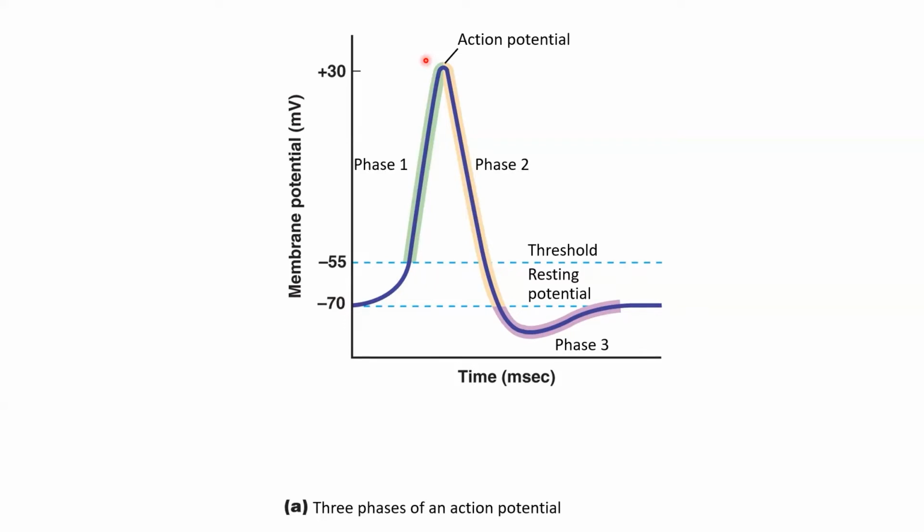Same thing is true for potassium. If I open up extra potassium channels, potassium's equilibrium potential is way down here. It's -94. That's going to cause an opposite direction of movement in terms of the membrane potential. It's going to want to get way down lower than -70, down to -94, which is approaching the equilibrium potential for potassium.